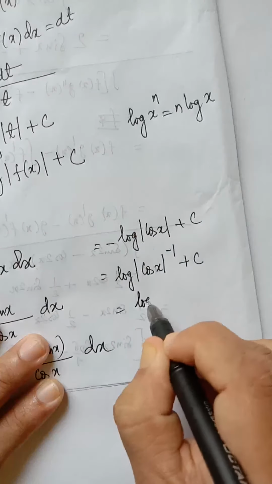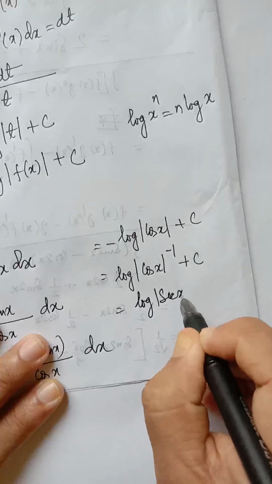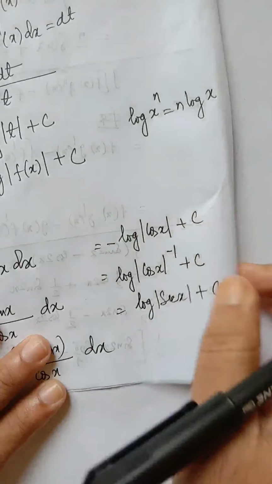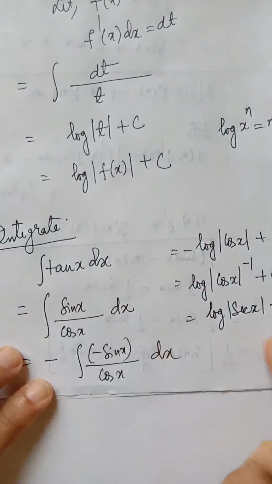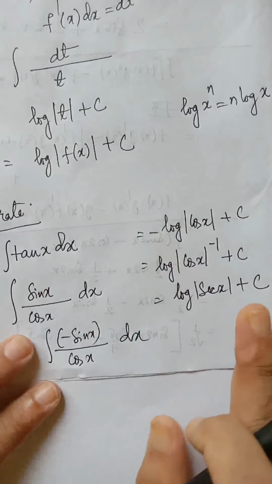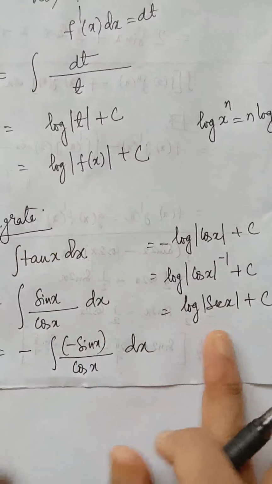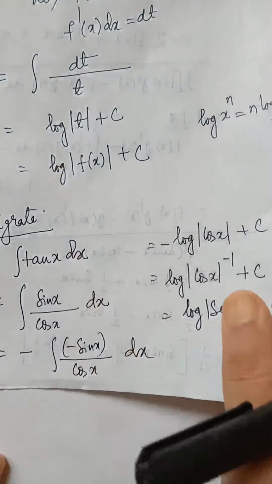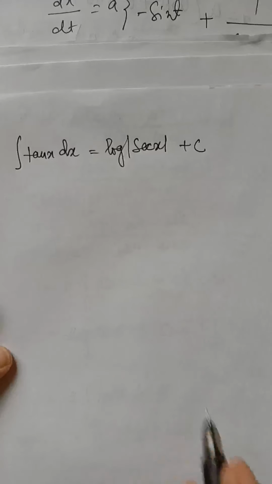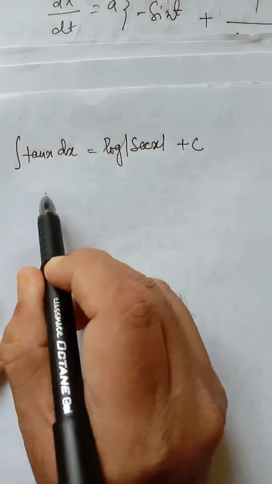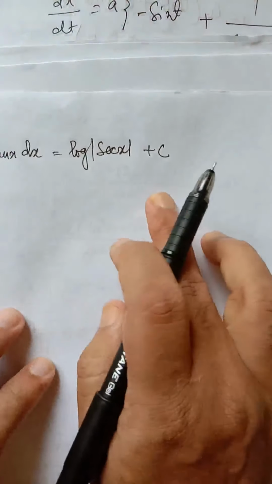So it is log of sec x, since 1 by cos is sec. So integration of tan x is log of sec x plus c, and we have to remember this as a formula.